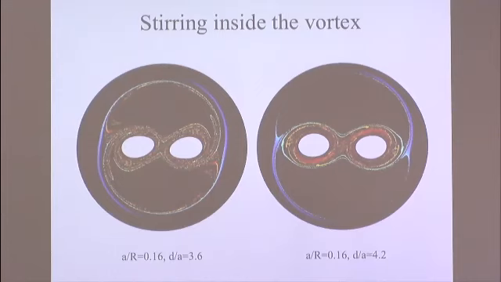Again, this is the steering inside the vortex for two different initial conditions, and we see the same features. The boundary of the vortex is a KAM-like curve. So are the boundaries of the holes. We have other KAM-like curves here and intense steering in the middle.